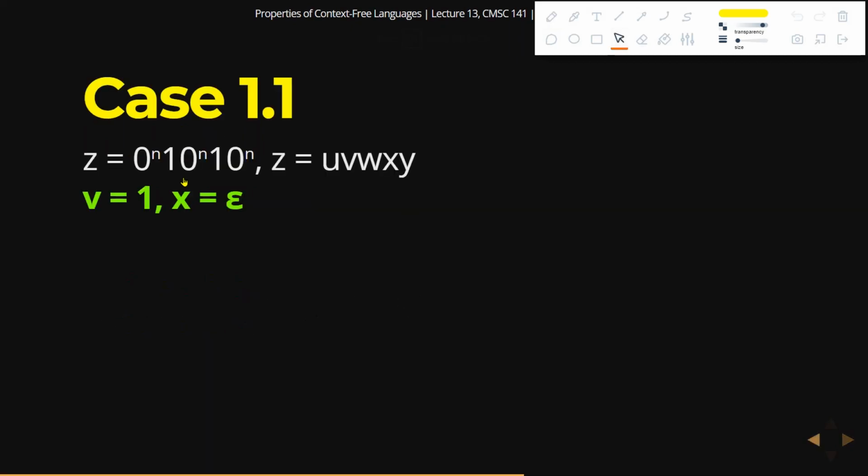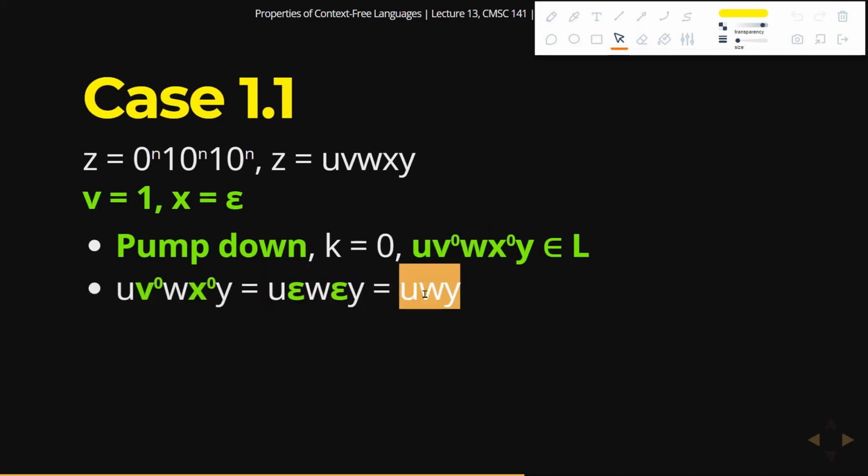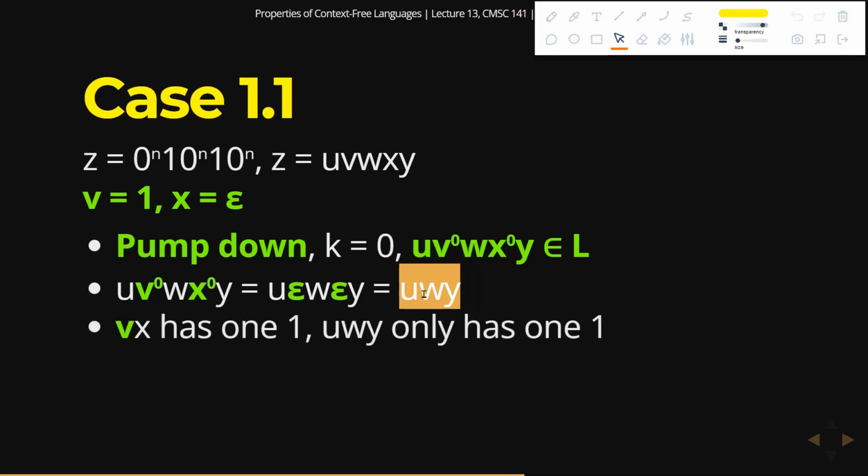Okay, so if V is 1 and X is epsilon, what will happen? If we pump this down using k equals 0, this will become v0, x0, so this will become epsilon, right? It will become empty strings. So it will only become uwy, right? But the vx already has the 1 because of this one. So uwy will have the remaining 1.